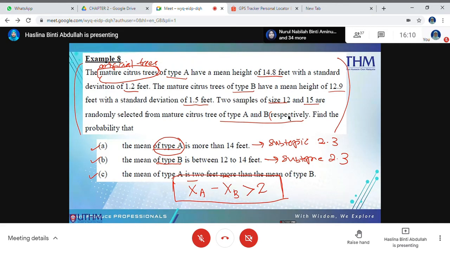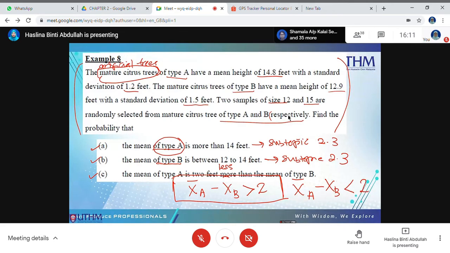If I change the question to: the mean of type A is 2 feet less than the mean of type B, then it will be X bar A minus X bar B less than 2.